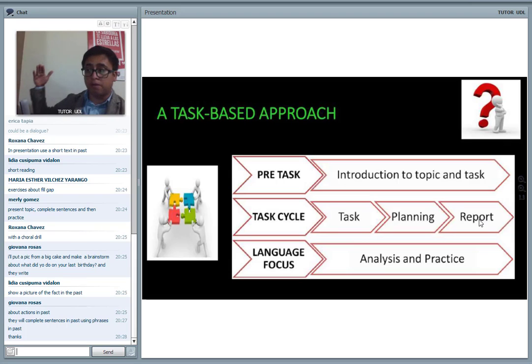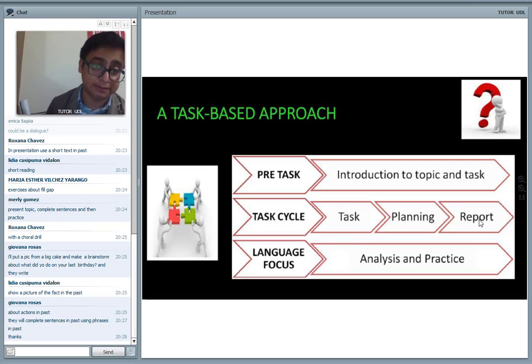You present the topic maybe through a dialogue, through a conversation, through a reading, okay? Whatever material you want to use with them. So after you introduce the topic, you have the task cycle that is divided into 3 parts.